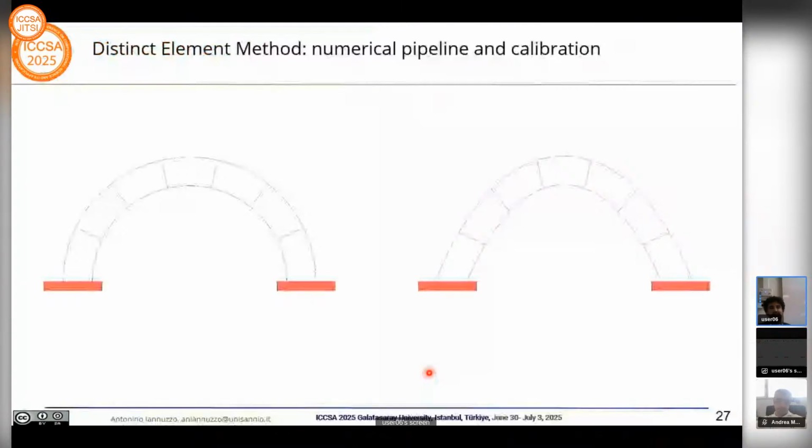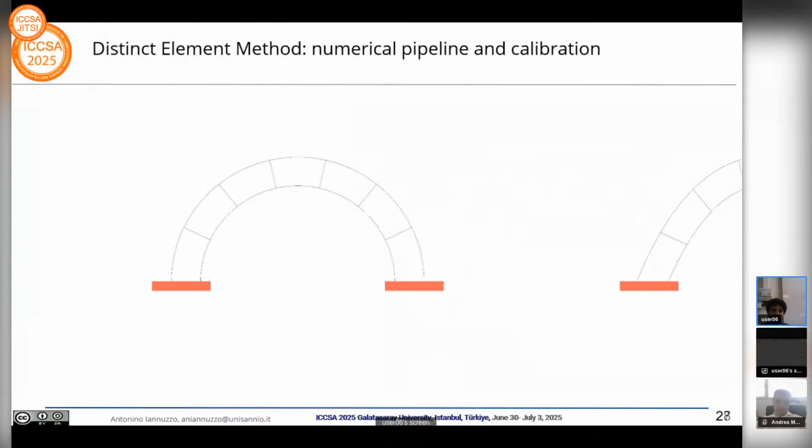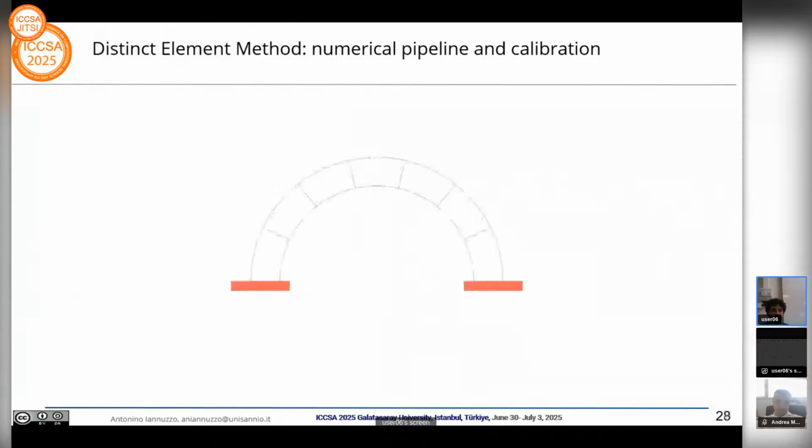The master student was totally new to masonry mechanics. We started from a calibration analysis to understand which are the best parameters to use to simulate displacement capacity analysis, and also to investigate the role of the geometry. First he was curious about the difference in load bearing and displacement capacity if we consider a perfect semicircular geometry or something linearized.